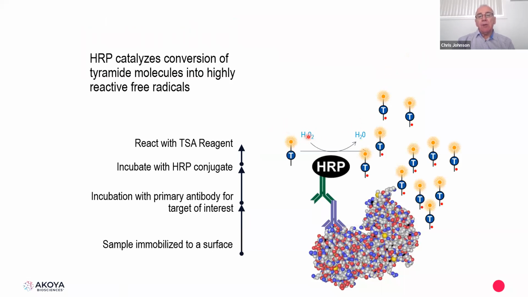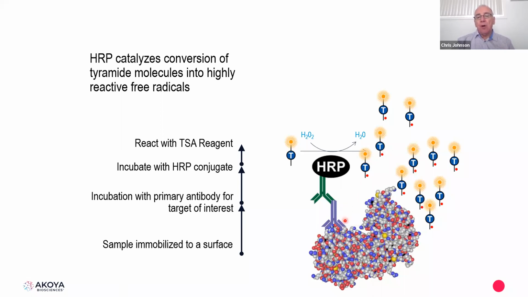There's a reaction that occurs, catalyzed by the presence of H2O2, which produces highly reactive free radicals. Now, these free radicals will bind to protein structures within the material. The two factors that are very important are that it's very time dependent, as these reactive sites only exist for a short period of time, and it's very spatially dominated.